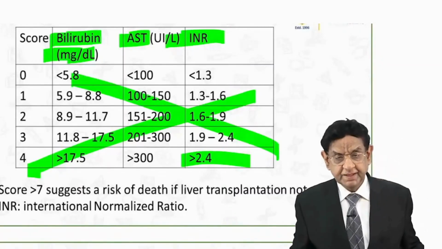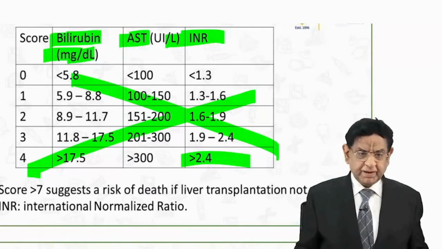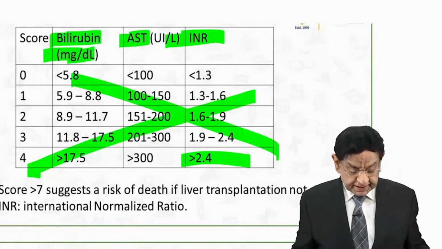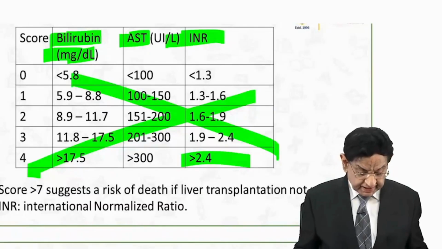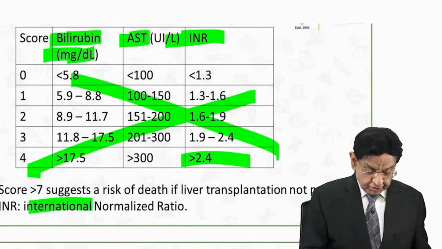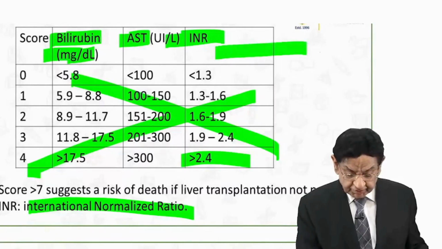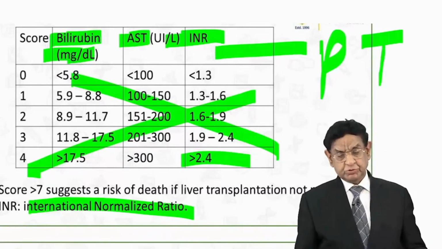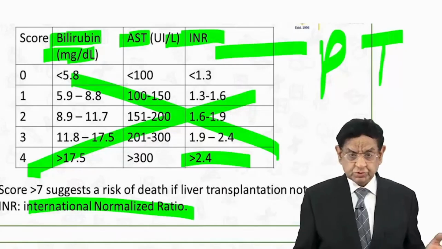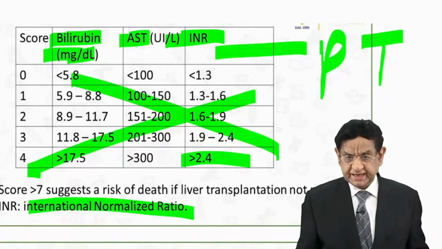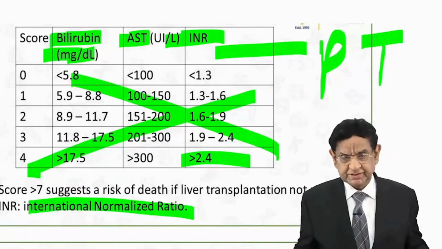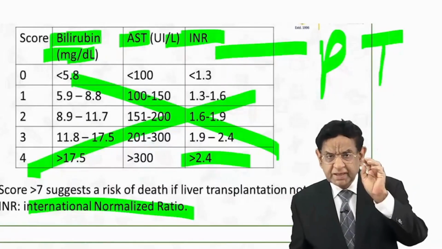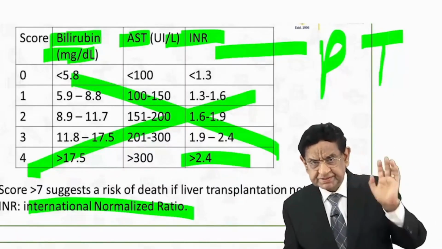Not at all. What you have to remember are the parameters: bilirubin, AST and INR. INR is international normalized ratio, which is involved in prothrombin time. So the parameters are bilirubin, AST and INR or prothrombin time, whatever you can say. INR is better. So just remember the parameters on which it is based.